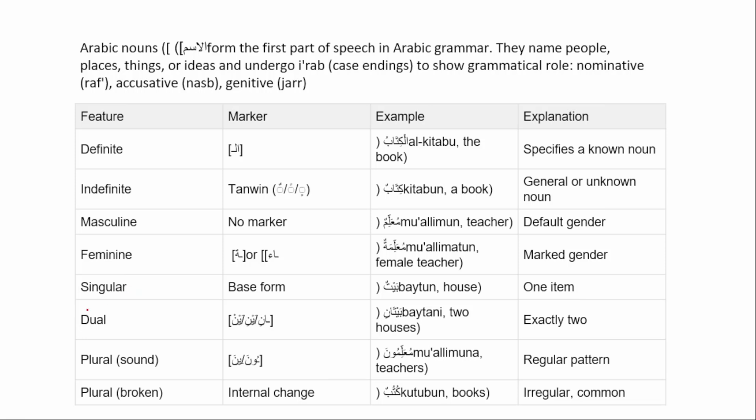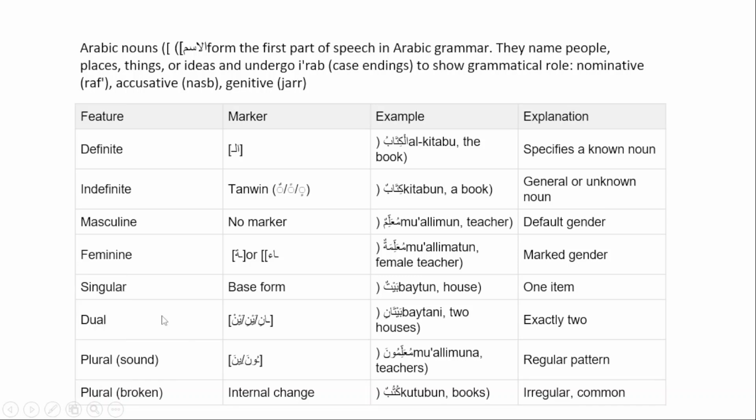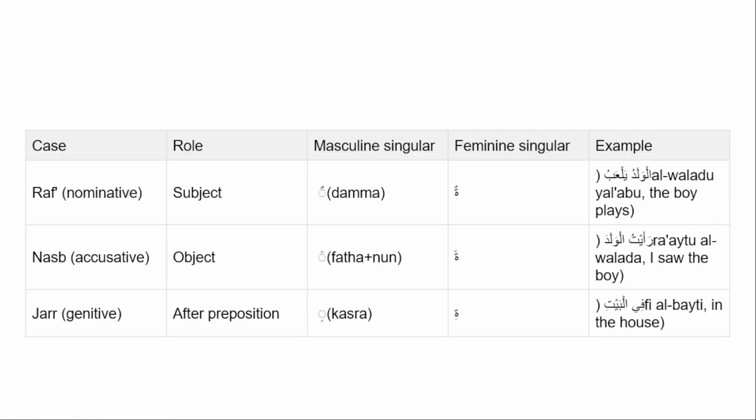All right, I got it. So singular in Arabic is called mufrad, dual in Arabic is called muthanna, and plural in Arabic is called jam'. So plural again could be sound or broken. So that's it for what you need to know about the Arabic nouns.